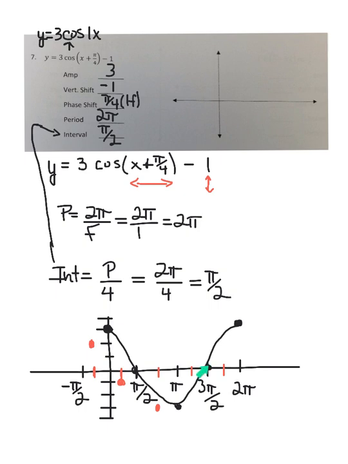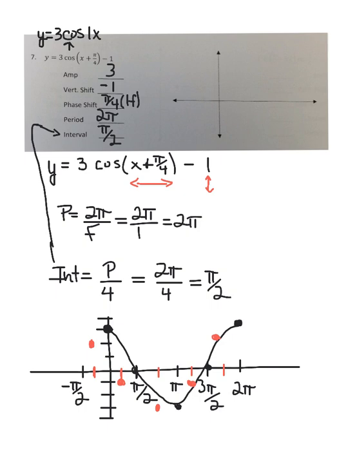I'm going to take this point here, go to the left pi over 4, down 1, and put a dot. So that'll be right around there. Okay, and then the last one. So this one's going to the left pi over 4, and then I'm going to go down 1. All right, and that's going to be right around here.